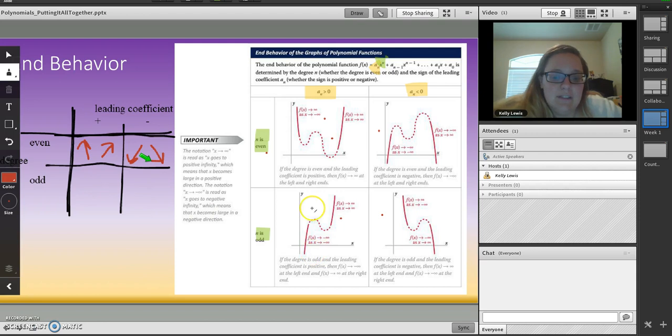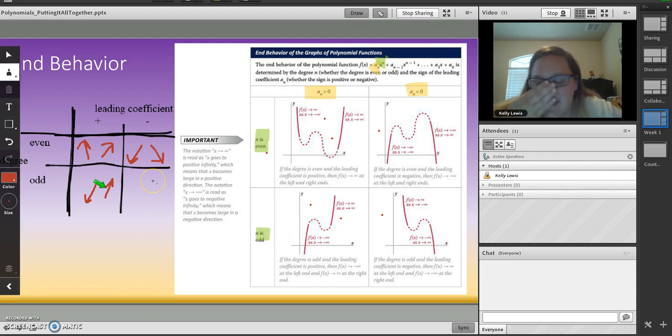If your leading coefficient is positive, but odd, so like x cubed, x to the fifth, it will begin down and it will do some stuff in the middle and end up. So it'll be down, up.